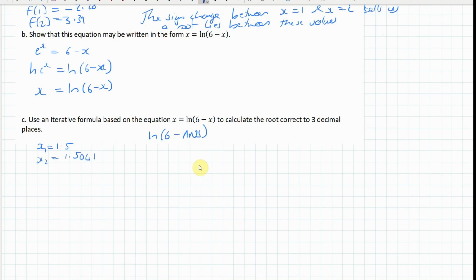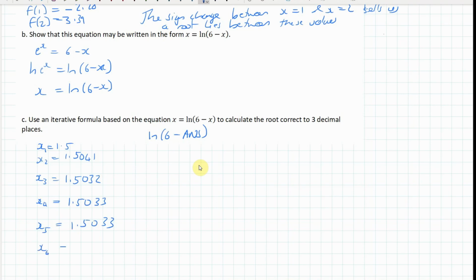So my x2 is 1.5041, my x3 is 1.5032, my x4 is 1.5033, my x5 is 1.5033, you're getting the idea.